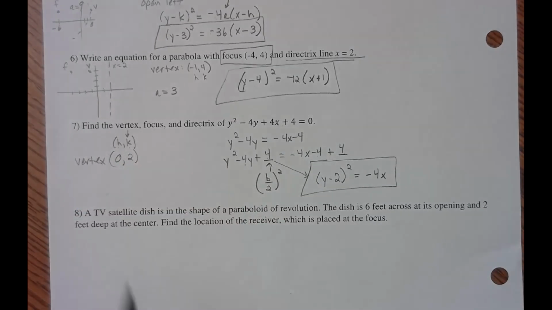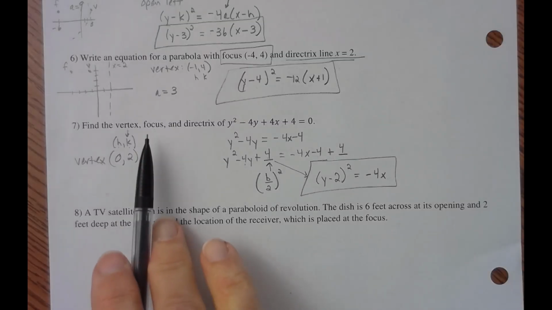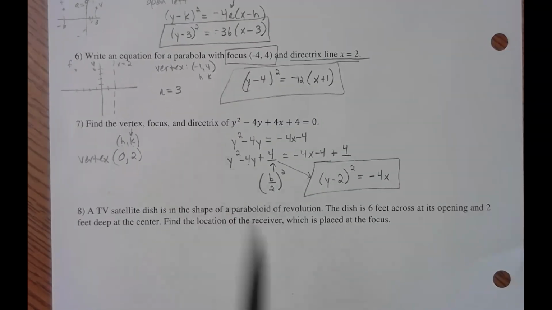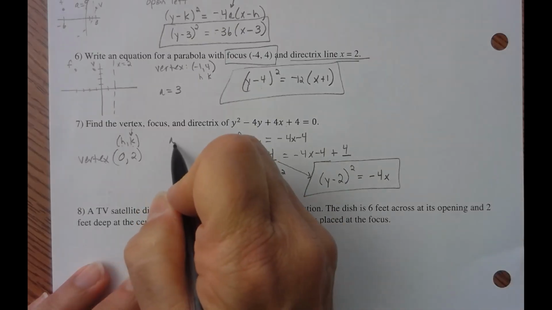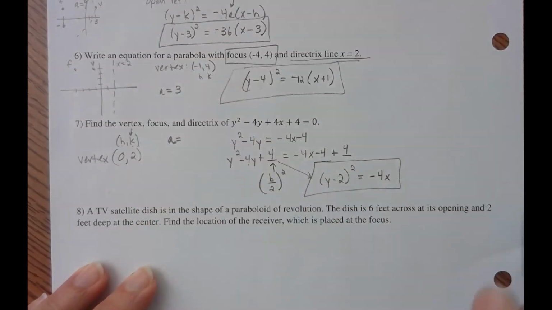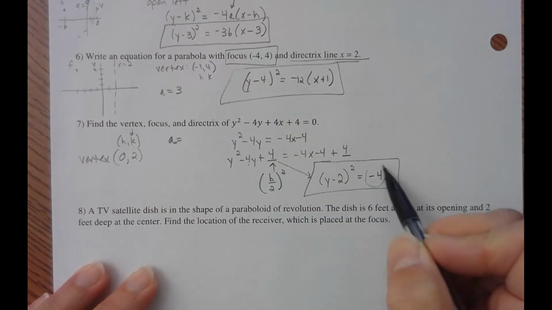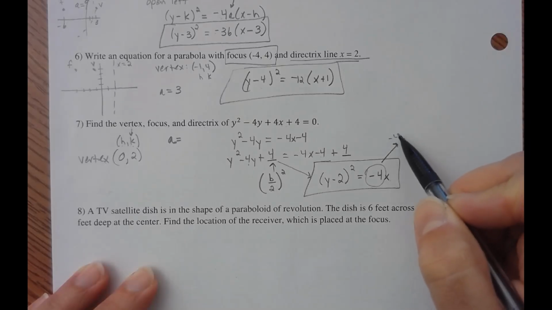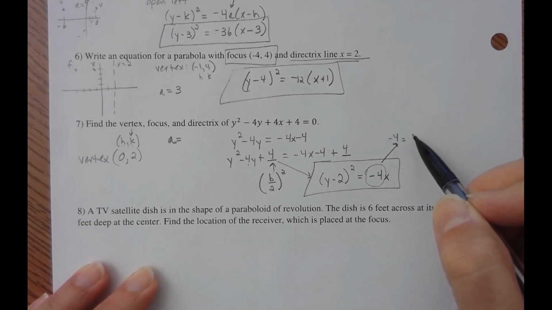In order to determine the coordinates of the focus and the equation for the directrix, I need the a value. Remember, negative 4 is equal to 4a.